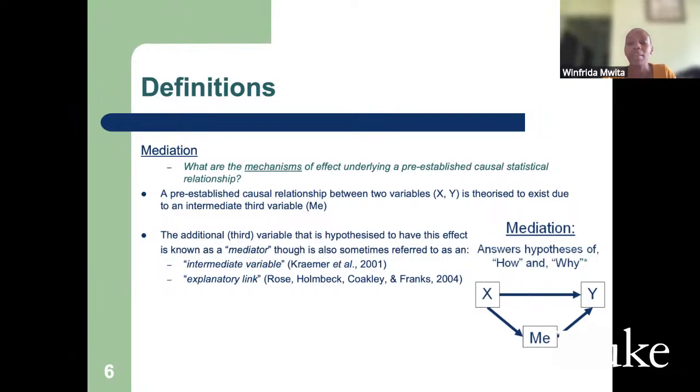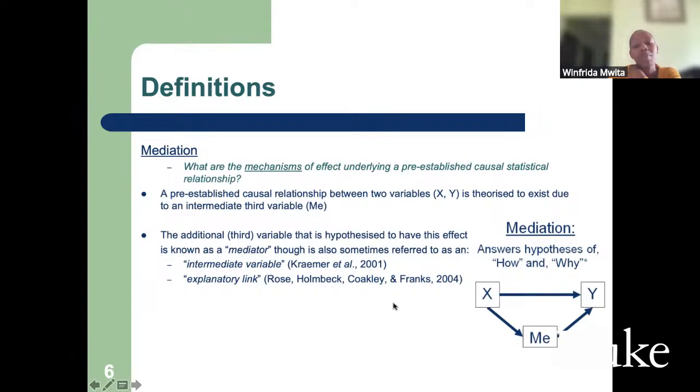You have a third variable which is acting on the causal pathway. So for X to cause Y, it passes through a third variable called a mediator. So this is when we're talking about mediation and the mediating variable.